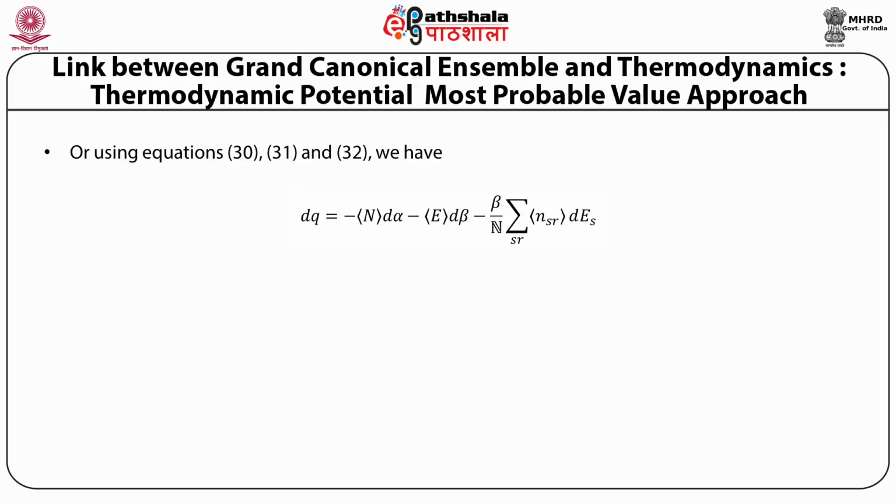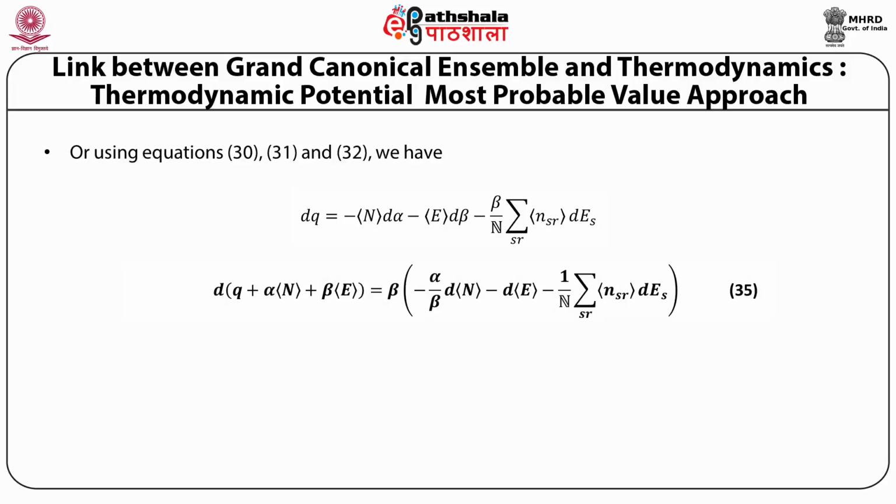Rearranging, we get dQ plus alpha times the mean value of the number of particles in the system plus beta times the mean value of the energy of the system is equal to beta times minus alpha upon beta multiplied by the differential of the mean value of the number of particles, minus the differential of the mean value of the energy, minus 1 upon n summation over SR of NSR dES.